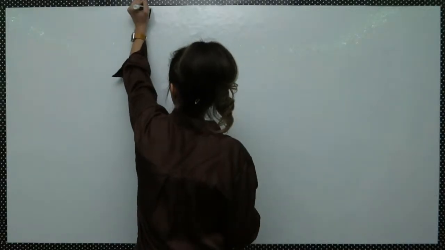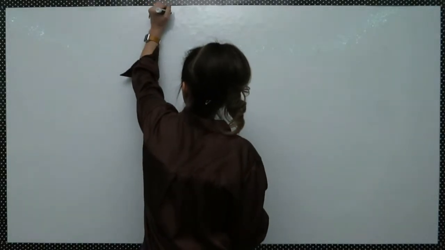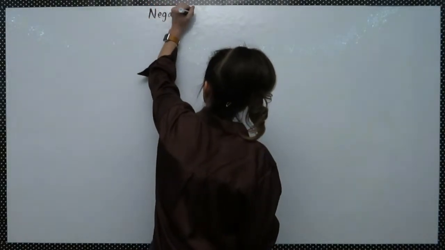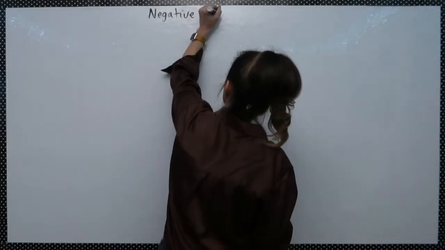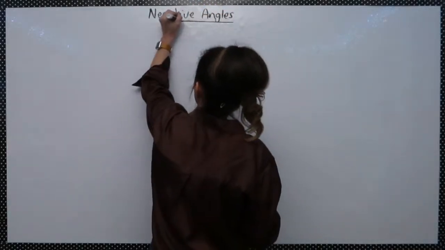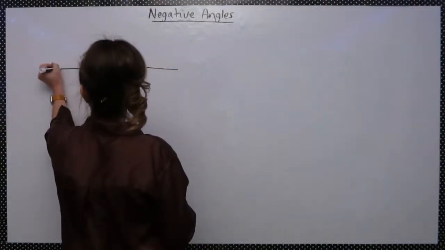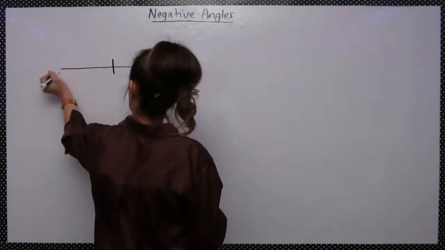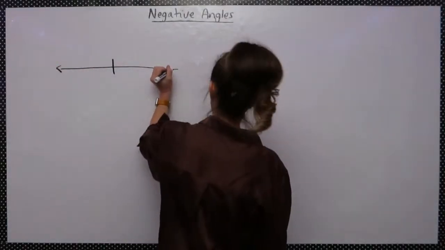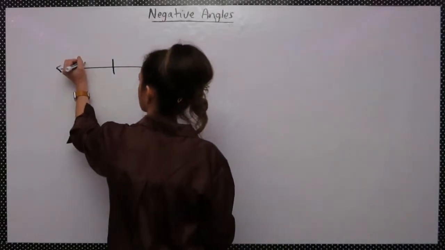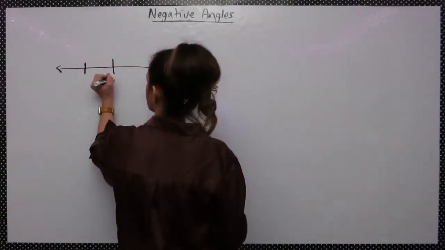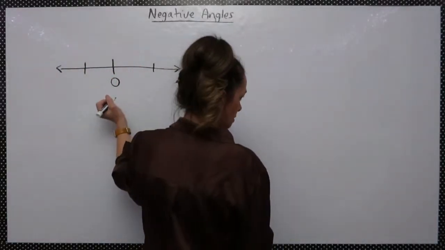So go ahead and title it. And I'm going to first just draw a little portion of my number line. So this goes back to elementary school years. We have 0 here.